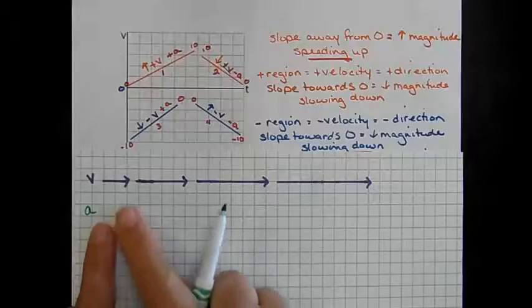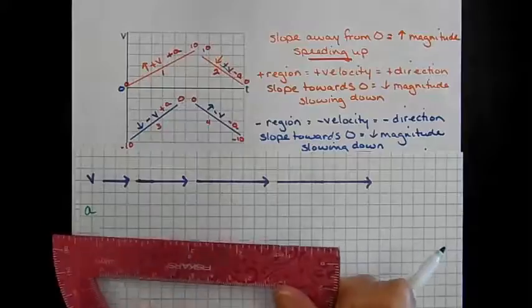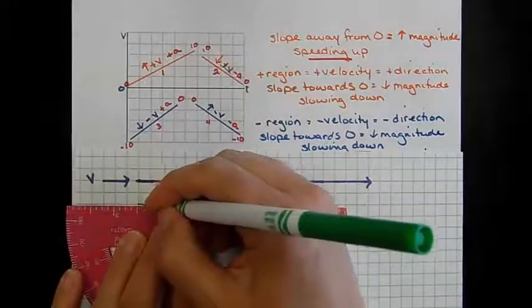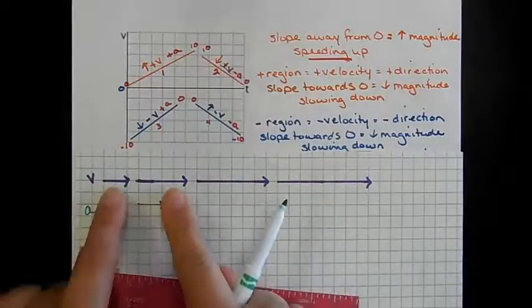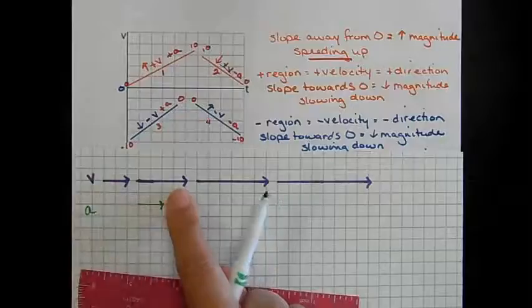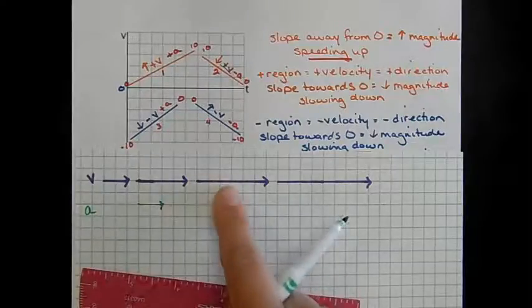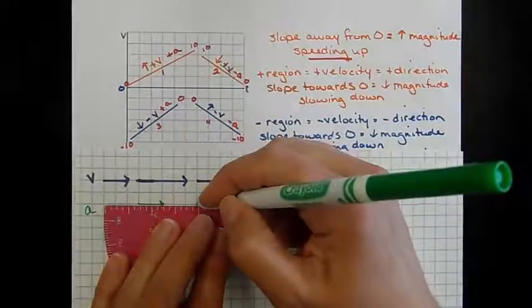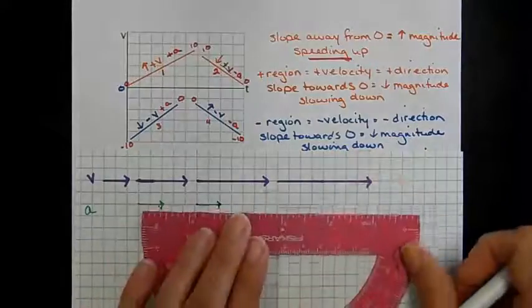The difference between here and here is 2 squares. So for this time period here, our acceleration was a difference between this vector and this vector. For this next time period, it was another 2 squares. So our change in velocity increased in this direction.